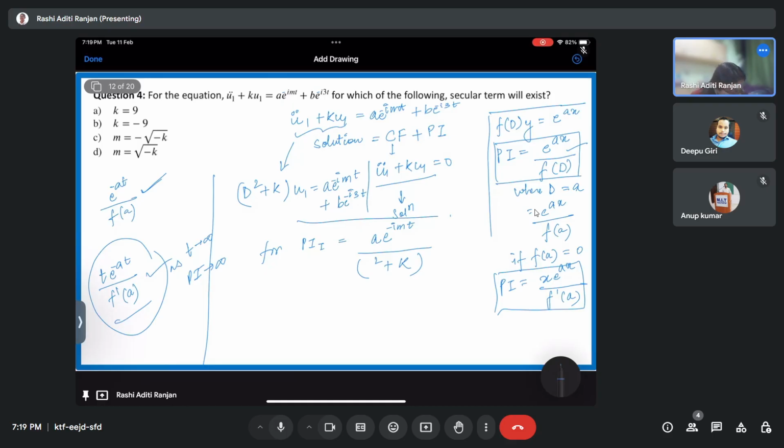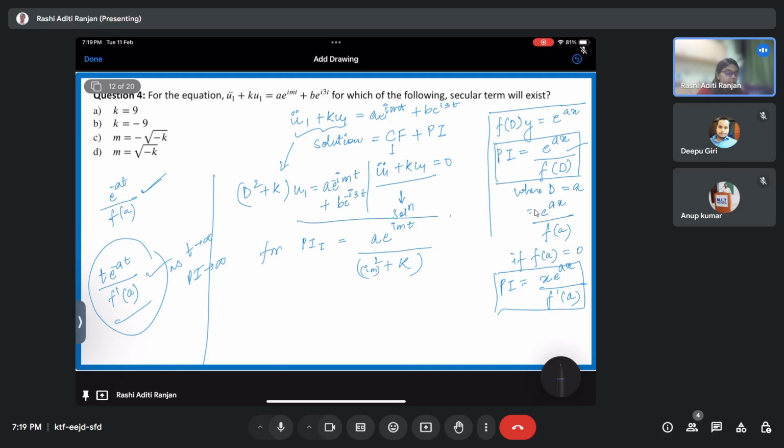We'll have minus i m square. Actually, we should not consider minus over here. We have just taken an example, it's fine. We are just concerned about the secular terms, okay? We'll not consider the minus. We'll just consider i m square.